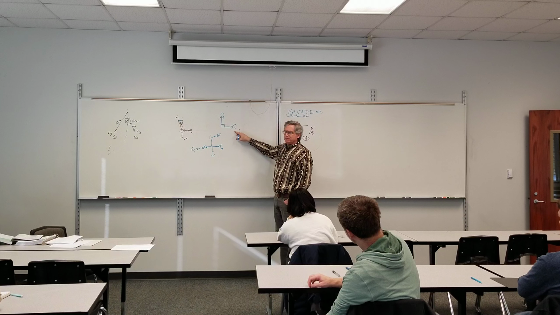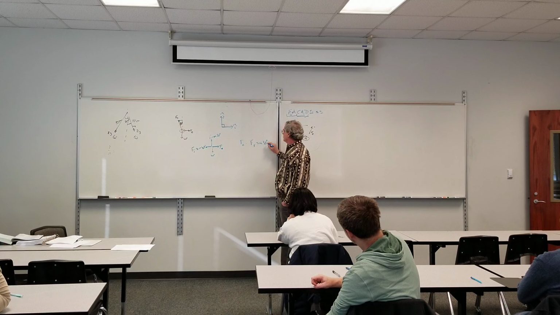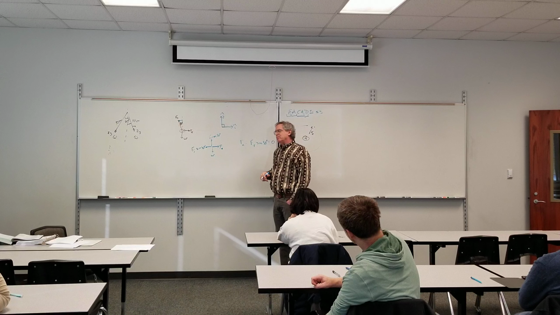Given our convention right here, for the x, it'd be the electric force minus the tension sine 30 equals 0. Yeah, and I'm going through step by step here, just out of habit.